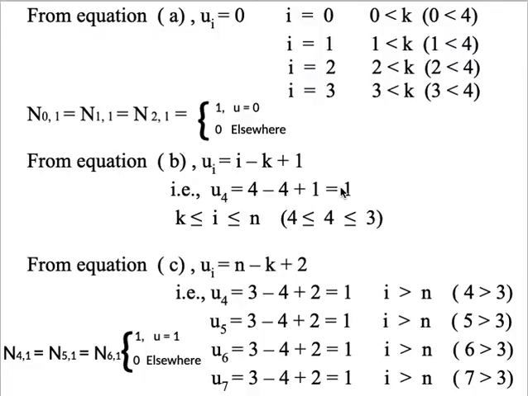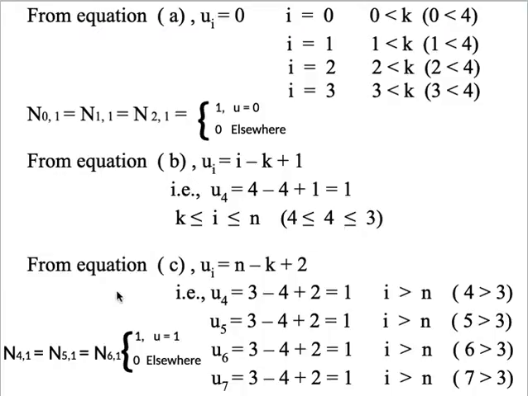So again, the condition is what? k less than or equal to I, less than or equal to n. So k is 4, I is 4, and n is 3. So again it does not satisfy, or you can say we cannot use this.